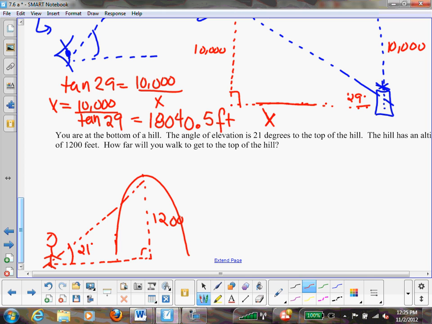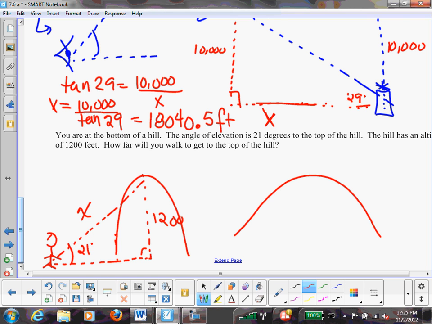So if I am walking to the top of the hill, then I am walking all right. So maybe my hill should have been more like this, with me down here. So my line of sight still is doing the same thing. But you guys got the idea, right? Yeah. Oh, you can fly there. Okay. So how do I figure this out?